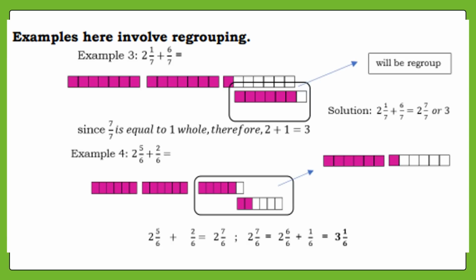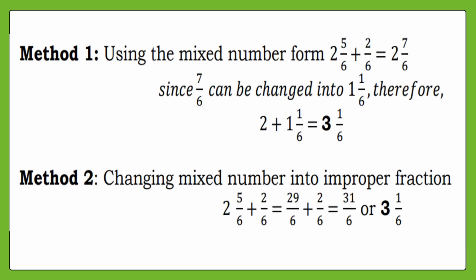Examples here involve regrouping. Here's the example, 3 and 4. Method 1, using the mixed number, and method 2, changing mixed number into improper fraction.